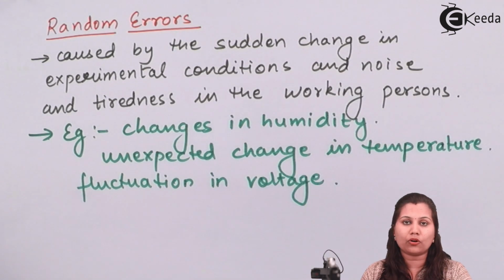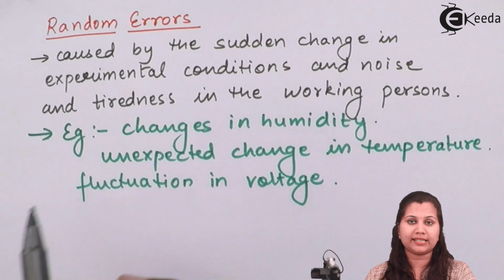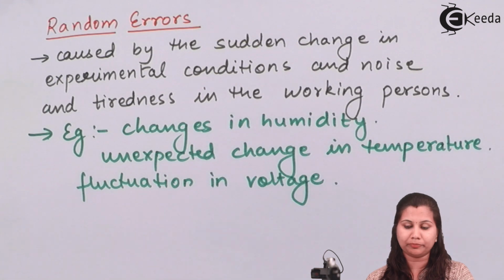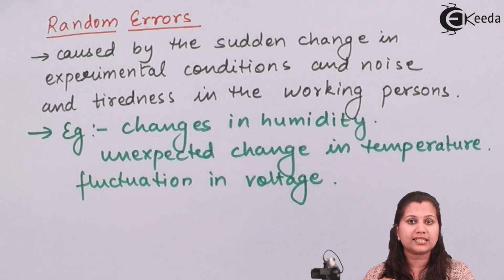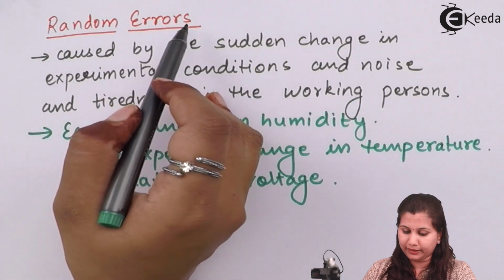Examples of these changes are a change in the humidity or pressure, or an unexpected change in the temperature, and if the power supply is connected to the instrument and there is any fluctuation in the voltage, due to that also an error can occur. So if there is any sudden change in the experimental conditions and errors occur due to that, then these are called random errors.